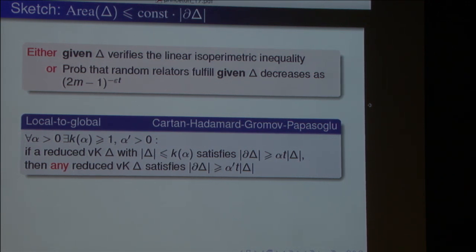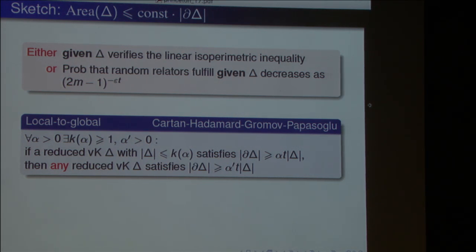So we estimated something for a given abstract Van Kampen diagram, okay? But what we would like is to prove hyperbolicity. So for hyperbolicity, as I said, we would like to prove that any reduced Van Kampen diagram over this random presentation will satisfy a linear isoperimetric inequality, right?